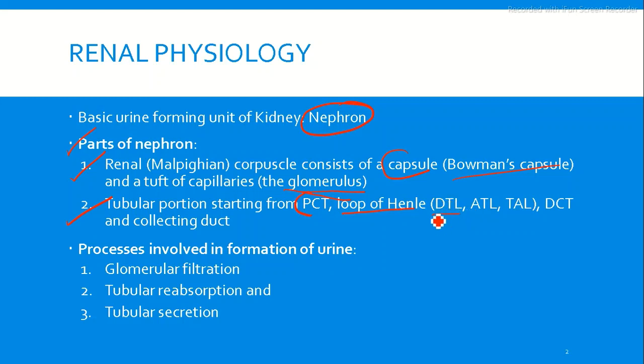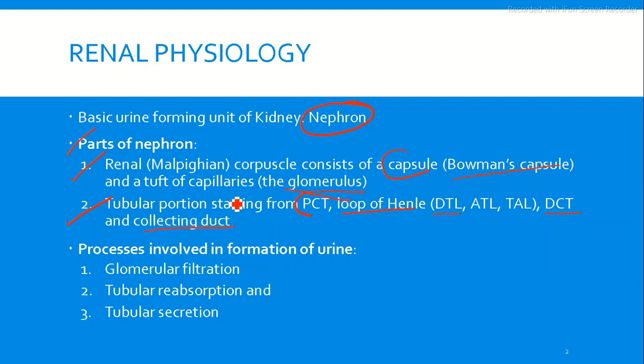Descending means it descends into the medulla, and ascending means it is now rising up from the medulla and moving towards the cortex part of the kidney. Then next to the loop of Henle, we have the DCT, the distal convoluted tubule, and lastly we have the collecting duct.